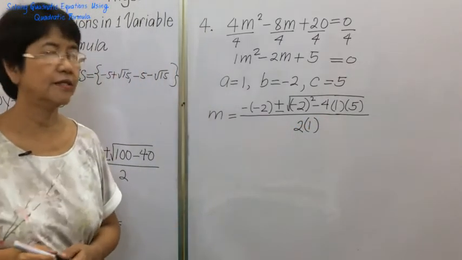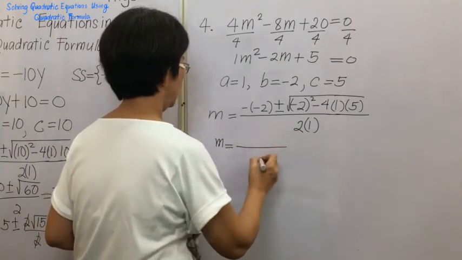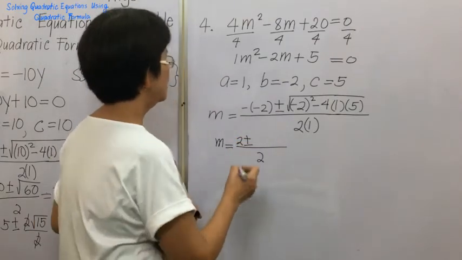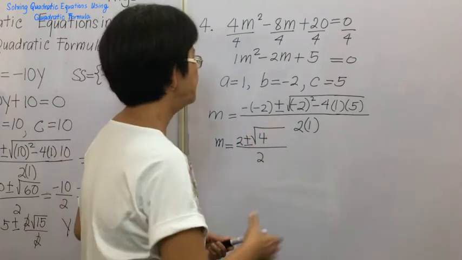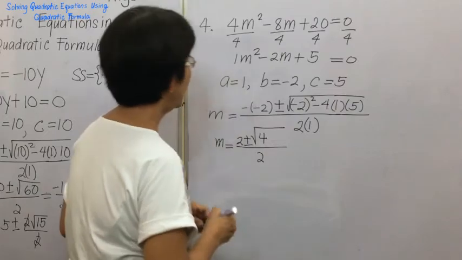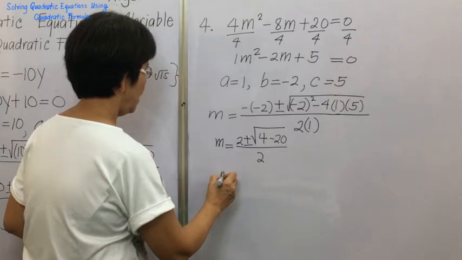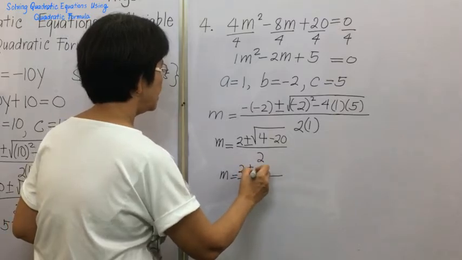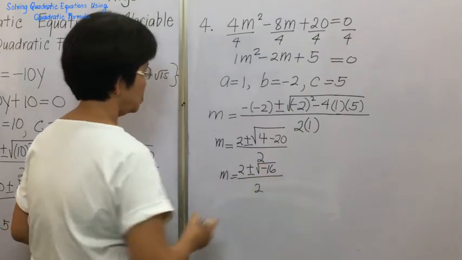And then simplifying the expression, we have m equals 2 plus or minus the square root of 4. And then this is negative. 4 times 5 is 20. So negative 20. So m equals 2 plus or minus the square root of negative 16 over 2.